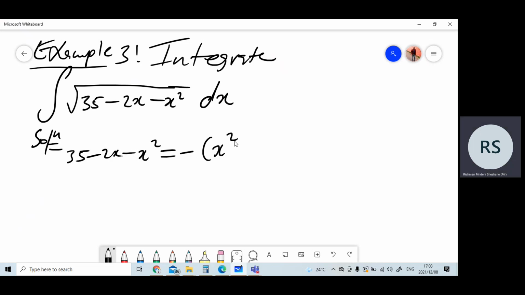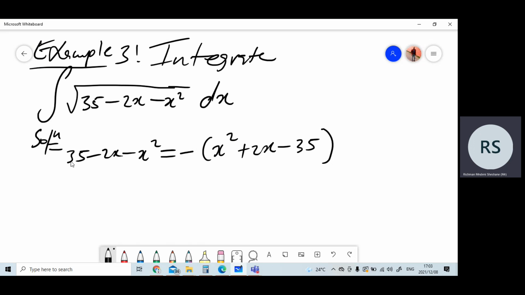So it will be minus x squared plus 2x minus 35. When I multiply the negative back inside, I still get minus x squared, but I write this in the order of a quadratic, starting with x squared.